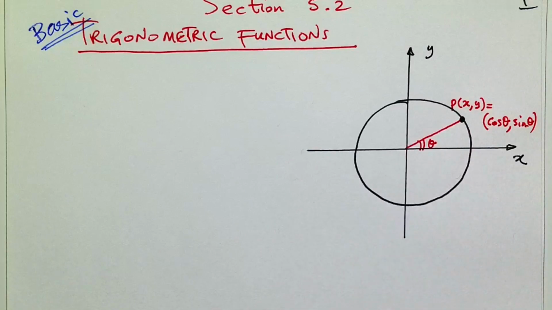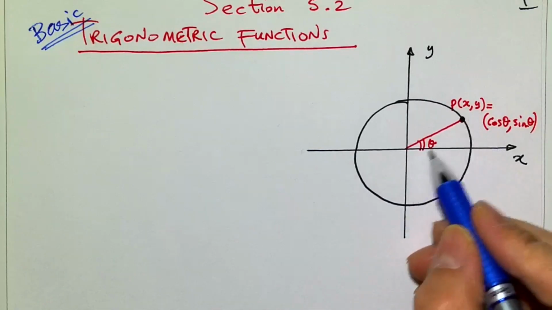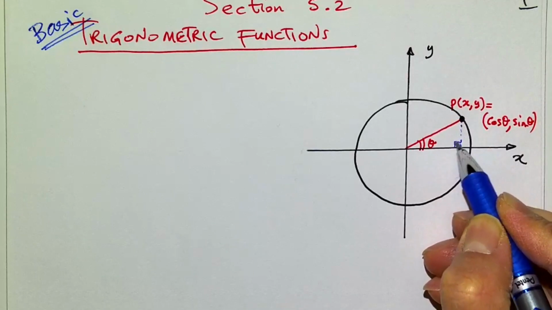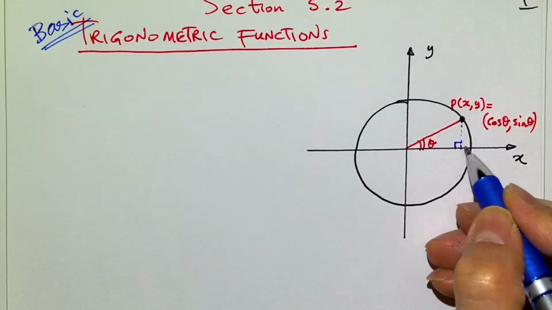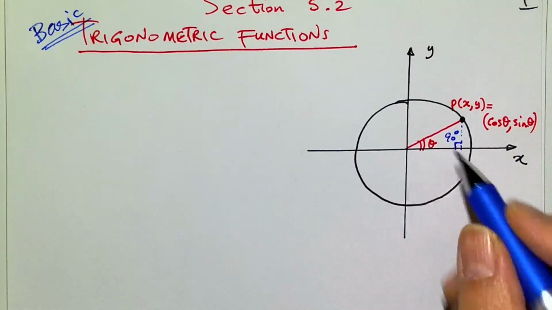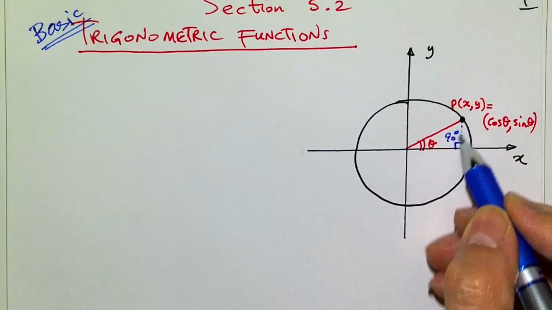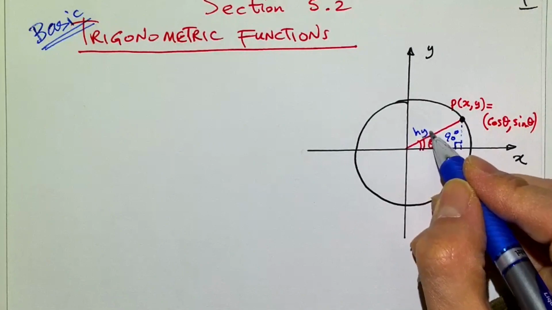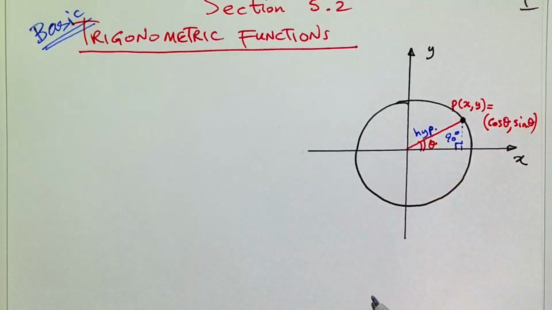So also, if you imagine this theta as part of a right triangle, that means that this angle here is 90 degrees. Then this presumed right triangle has a hypotenuse. Let me just for short say HYP for hypotenuse.